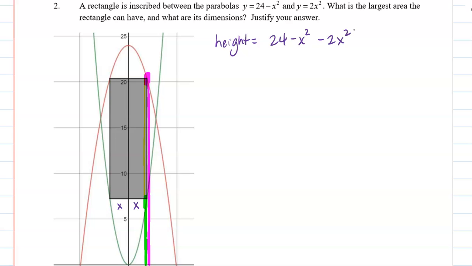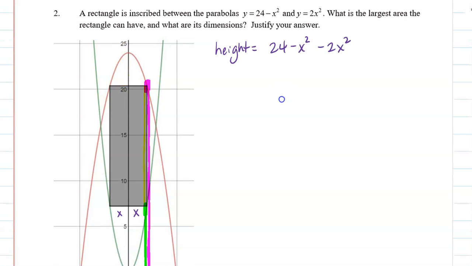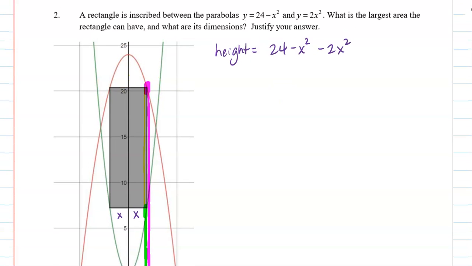Another thing to consider is which of these functions is on top. And looking back at their coefficients, I know that this function on top is 24 minus x squared, and the one here underneath is y equals 2x squared.